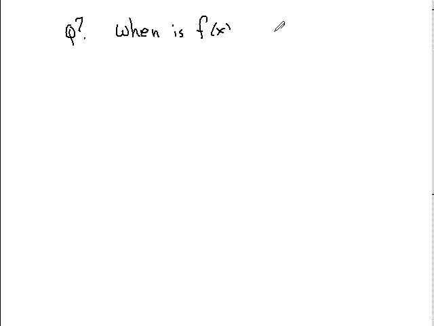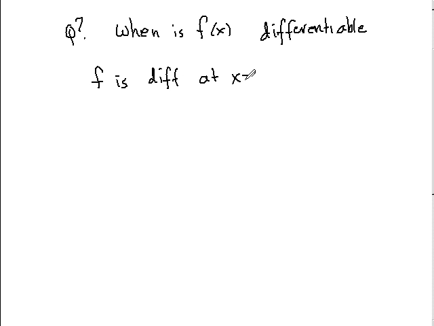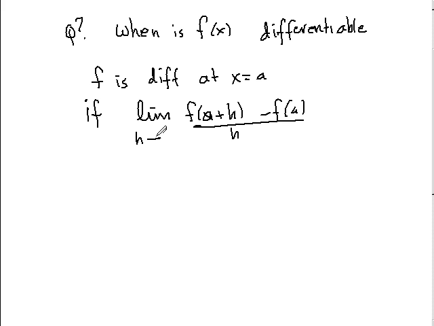And that's, of course, answered just by applying the definition of a derivative, and that means with a certain limit, f is differentiable at a point x equals a, if a certain limit of f of a plus h minus f of a divided by h as h goes to 0 exists.